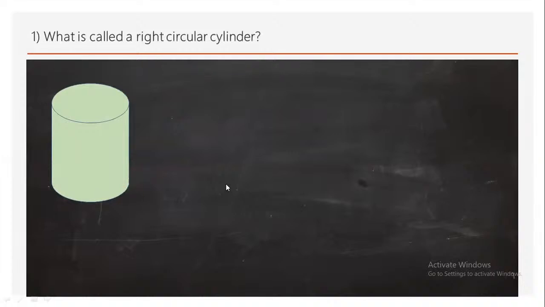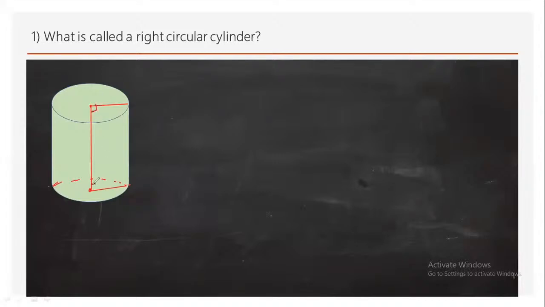Then what is called a right circular cylinder? In this chapter, especially when we are doing the sums, we are talking about the right circular cylinder. This is the center of the lid, and this is the center of the base. If I join these two points with a straight line, this is the axis, and the radius is from the center to the circumference.